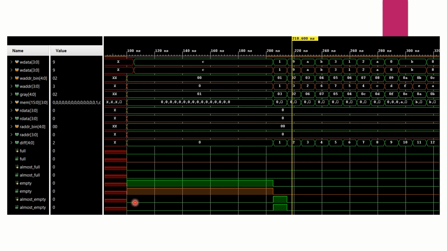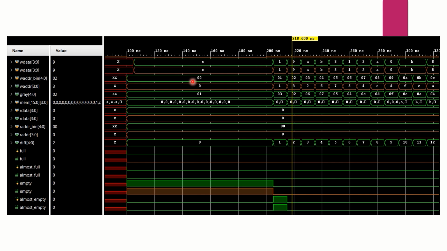This slide shows waveforms for write data, write address, mem buffer, read data, read address, and diff signal, along with all the flags. Write data values are C1, 9A, B3, 12, A0, B8, and so on. The work the CDC system does is that it transfers these values to the read domain.